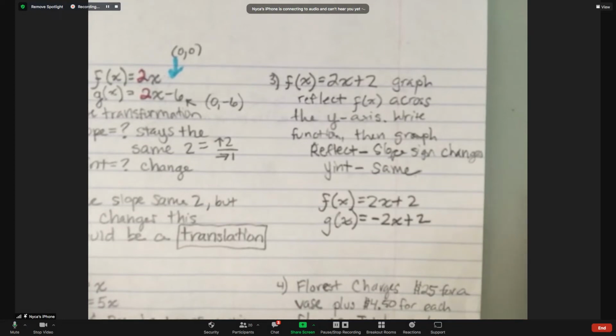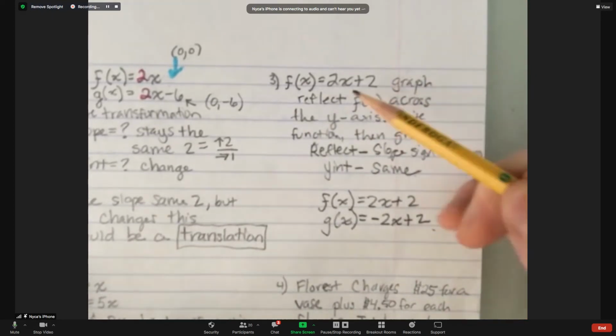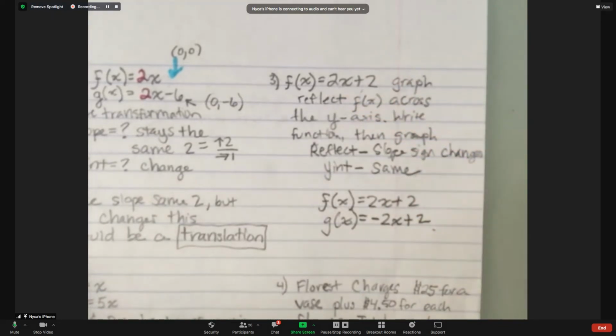Then all you would have to do is graph the 2 lines and prove to me that it is a reflection. So all of these problems can be done without graphing, which is definitely a higher level, and I want you guys to start memorizing what are the pieces in the equation that allow me to do that. Because then at this point, all you're doing is a t-table.